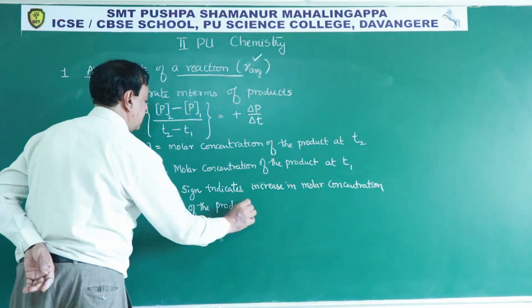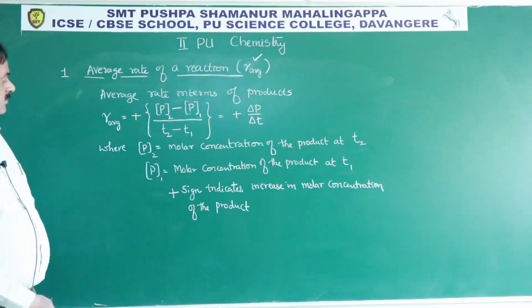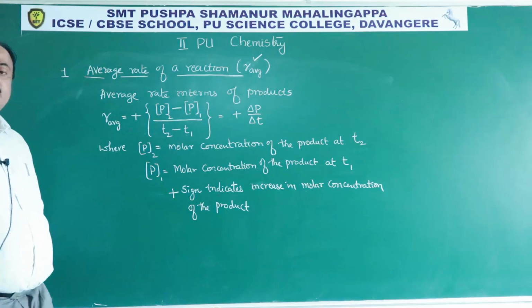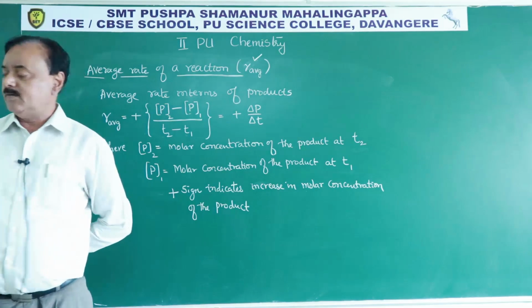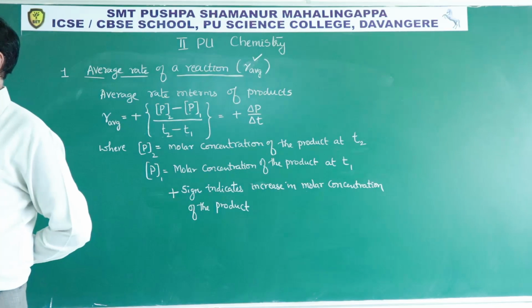This is about the symbolical significance of plus and minus, R1, R2, P1, P2, T1 and T2. Based upon this, we have to solve the problems.